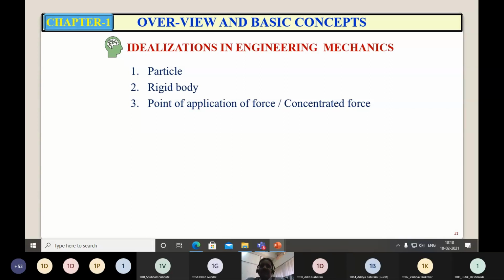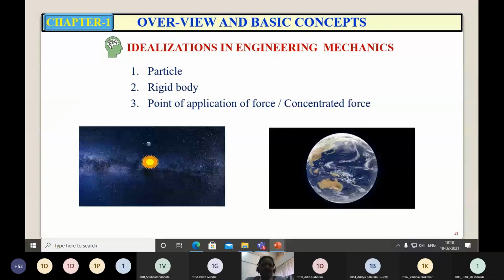So whenever I'm saying the interaction between the two bodies, that interaction takes place through some contact area between the two bodies. If that contact area is very small, then we can assume that a particular body is applying or exerting a force on the other body at a particular point. Got it? No. Let us see an example regarding the particle first.